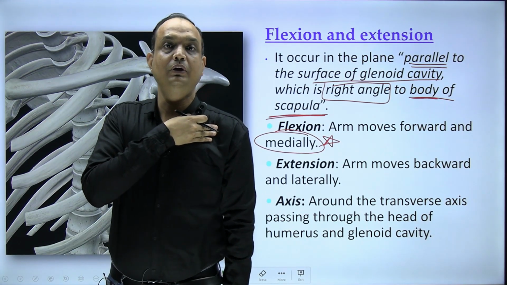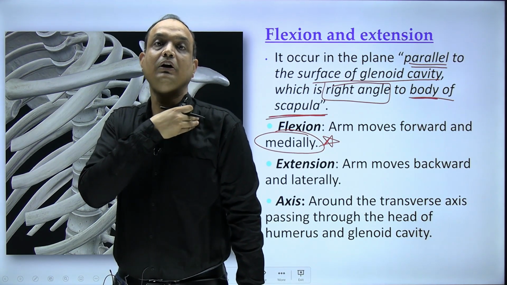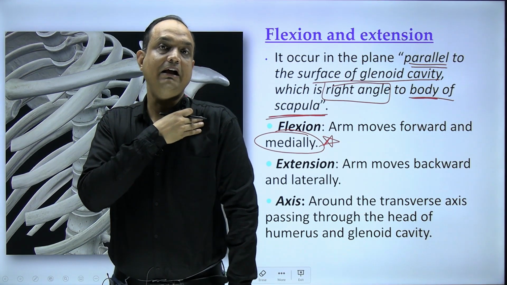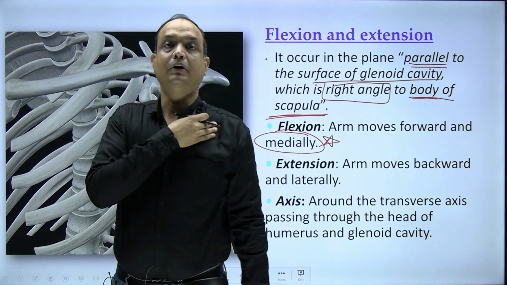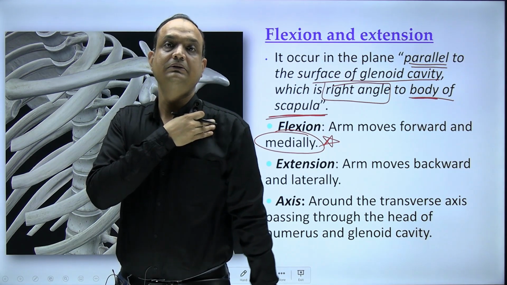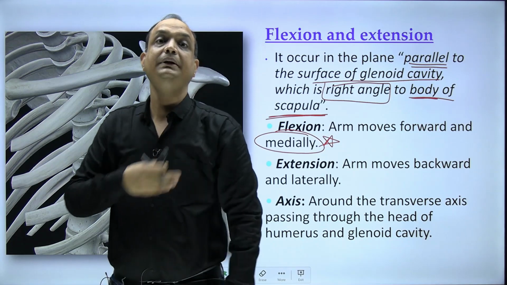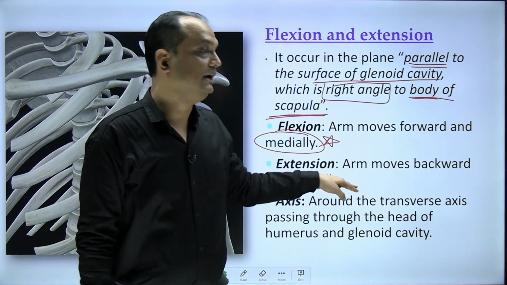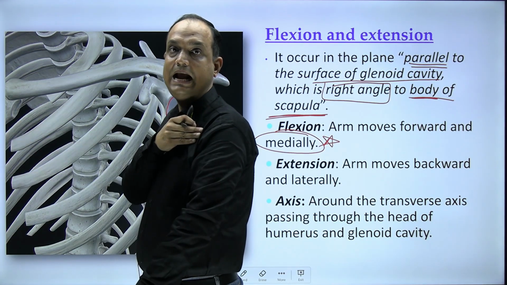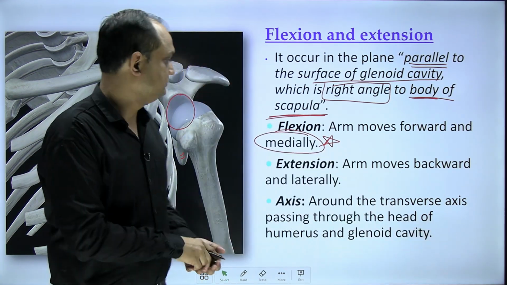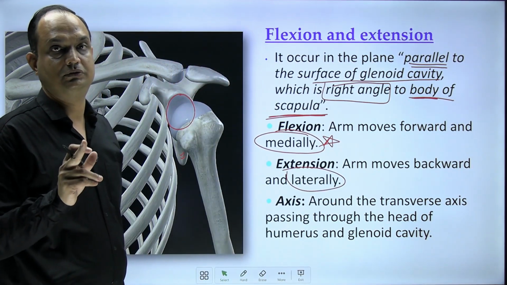If you are doing this exact forward movement, it is possible because it is a ball and socket joint where you already have some lateral rotation and then you are doing the flexion. But from the neutral position of the humerus, your hand will go like this. So this is forward and medially, that is the flexion, and it's reverse. That means when you are doing the extension, your hand will come backward and a little bit laterally. So this component is always there in the extension at the shoulder joint.